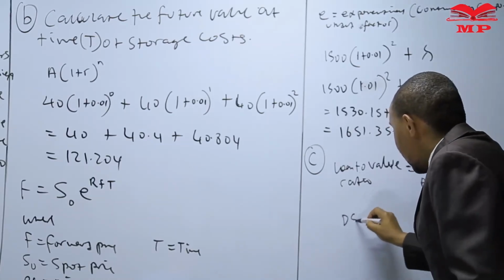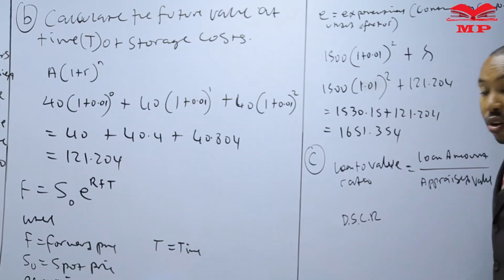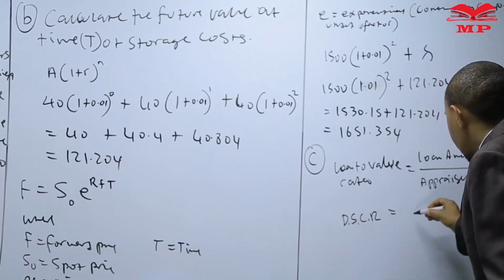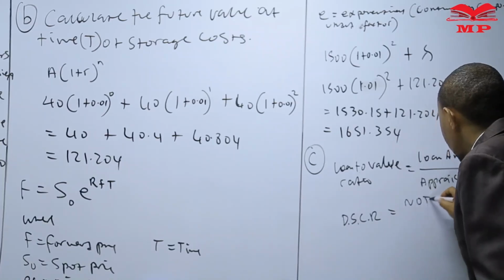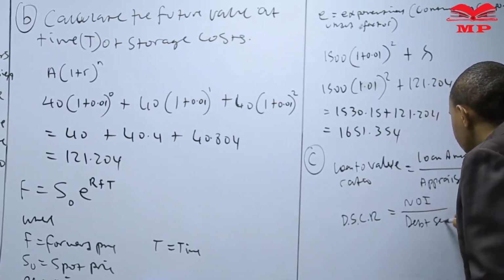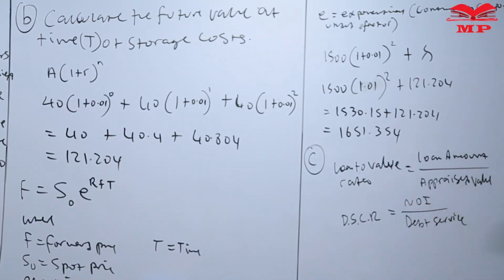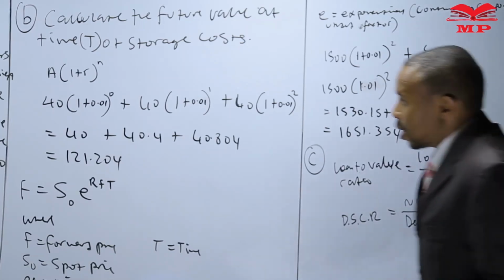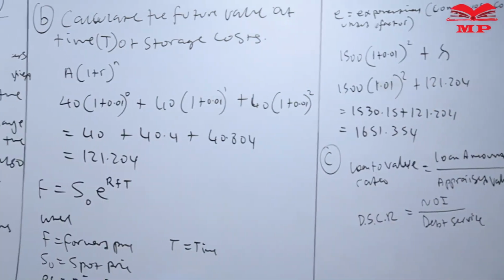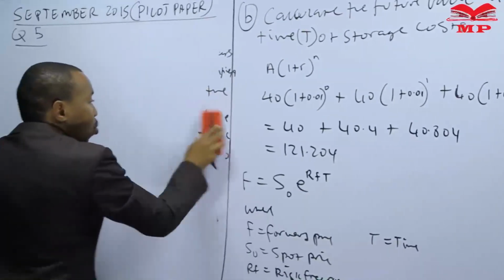The debt service coverage ratio, I'll put it in the form of mnemonics, is given as net operating income, NOI, divided by the debt service. Once we have that, we can apply those models onto this question so that we can get the maximum loan amount.